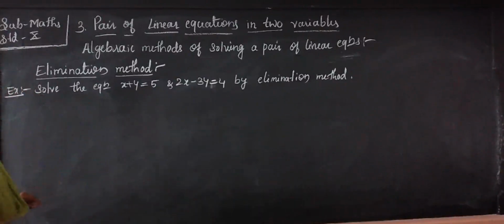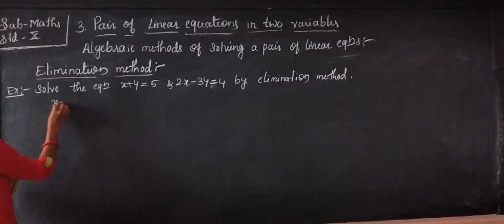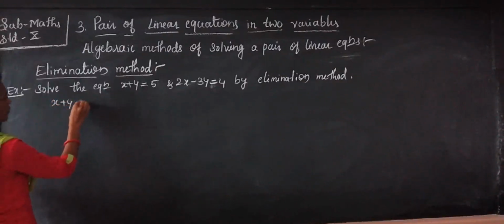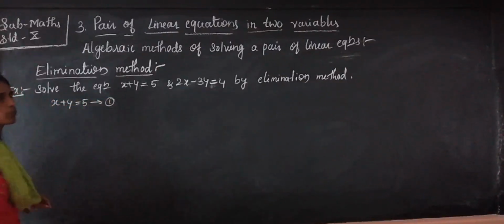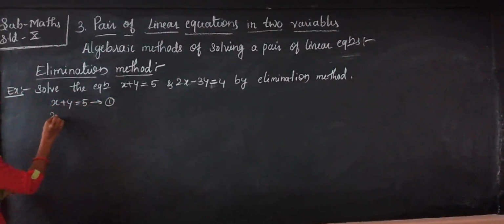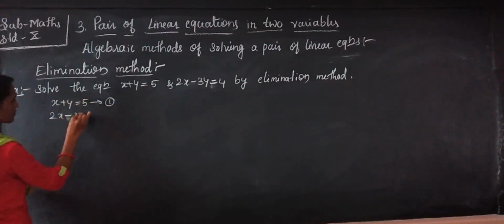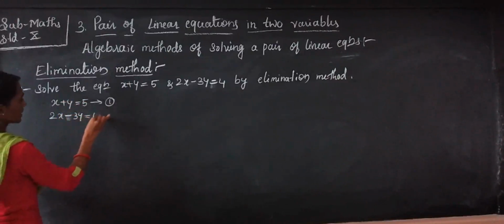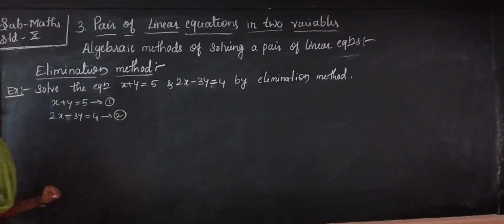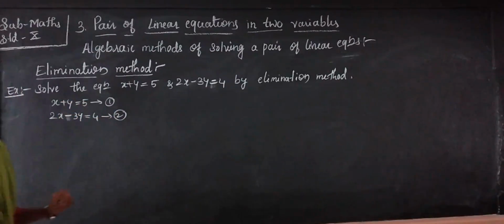See here. Whatever equations they have given, x plus y is equal to 5, consider this as equation number 1. The second equation is 2x minus 3y is equal to 4, consider this as equation number 2. So how to eliminate?